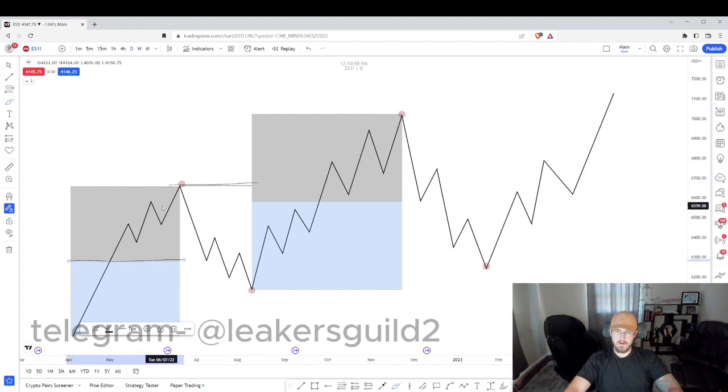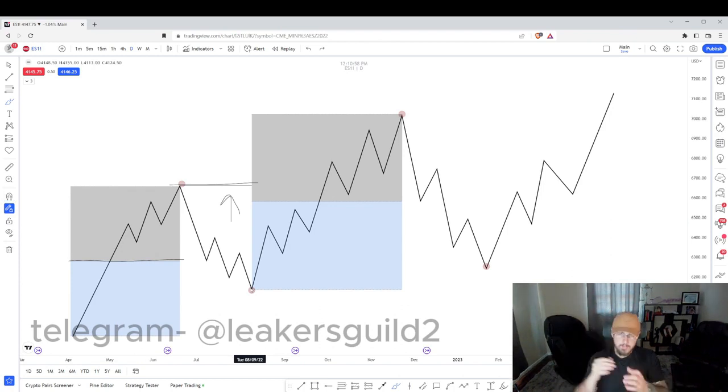So if you're a market maker and the overall direction is up, you're taking price up. Well, do you want to buy it up here, or are you going to buy it down here? You're going to buy it down there because it's at a discount. Banks and market makers, whatever you want to call it. I hate using terms because none of us really know. It gets to the point where it's all conspiracy-esque, but market manipulators, they're running a very strict business.